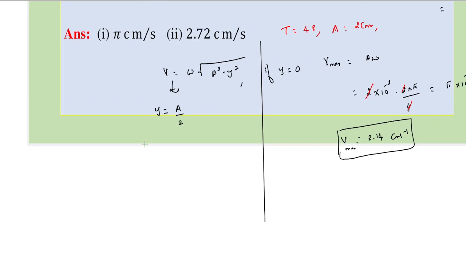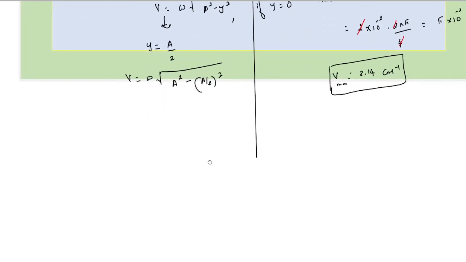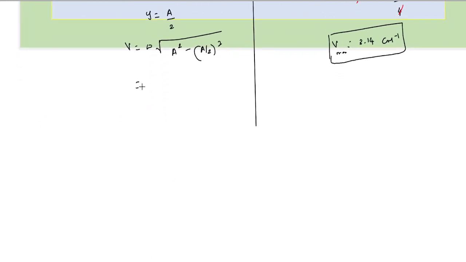Therefore, when you put it back here, v is equal to omega into under root of a square minus y square, y here is a by 2 whole square, and that is equal to omega into under root of a square minus a square by 4.